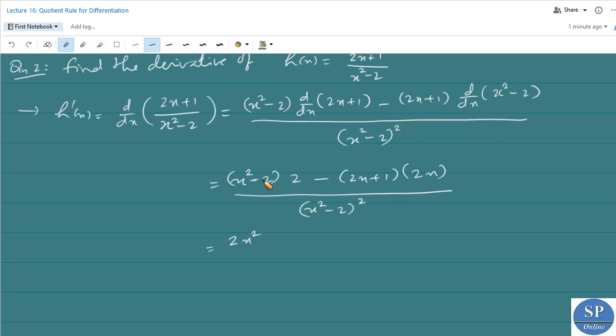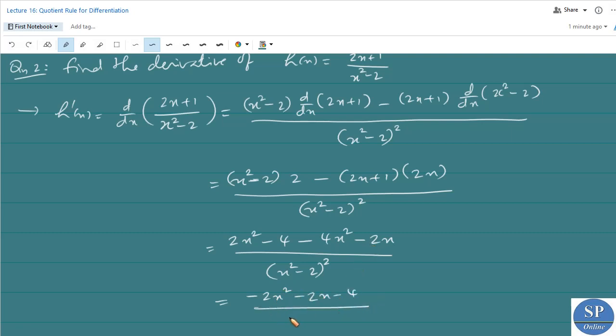Now minus 2 into 2 is minus 4, minus 2x into 2x is 4x square, minus 1 into 2x is minus 2x, divided by x square minus 2 whole square. This is equal to 2x square minus 4x square, that is minus 2x square, minus 2x, minus 4, divided by x square minus 2 whole square.